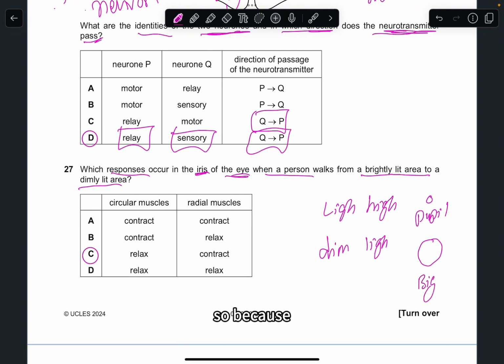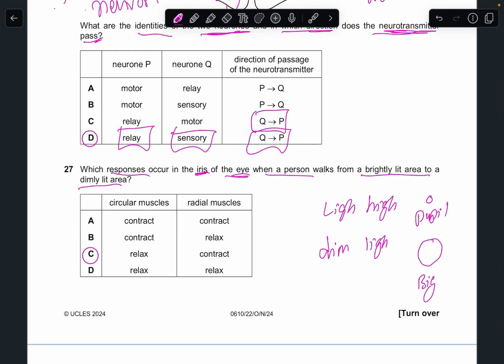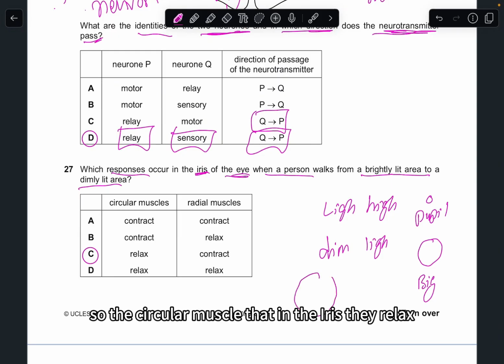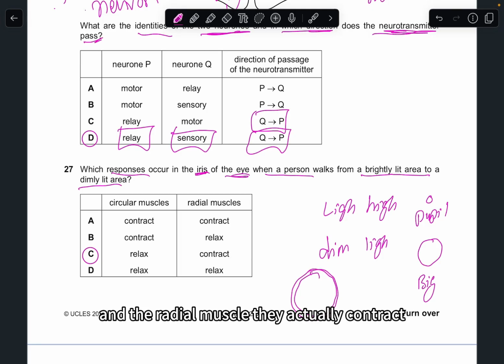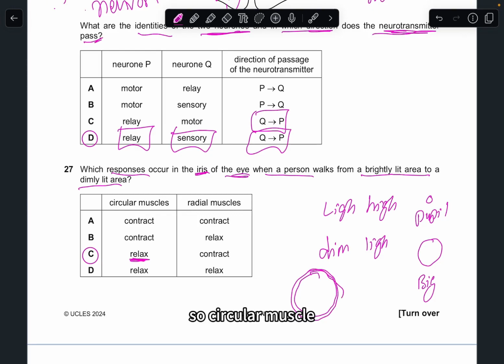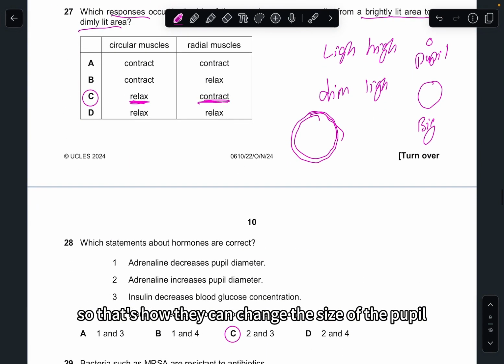Because more light has to enter to see the object clearly, the circular muscle in the iris relaxes, and the radial muscle actually contracts. So circular muscle relaxes and radial muscle contracts. That's how they can change the size of the pupil.